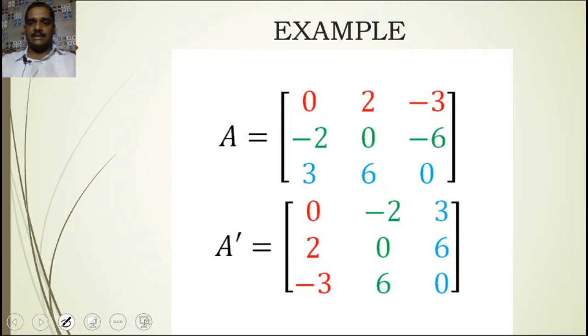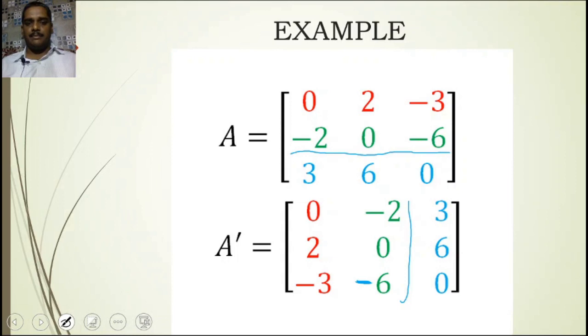There is one correction over here. This column, minus 20, minus 6, I'll put into the second column. Here I missed that minus sign, so there will be a minus sign over here. So this is about A transpose. What I'm supposed to do next is compute its negative.